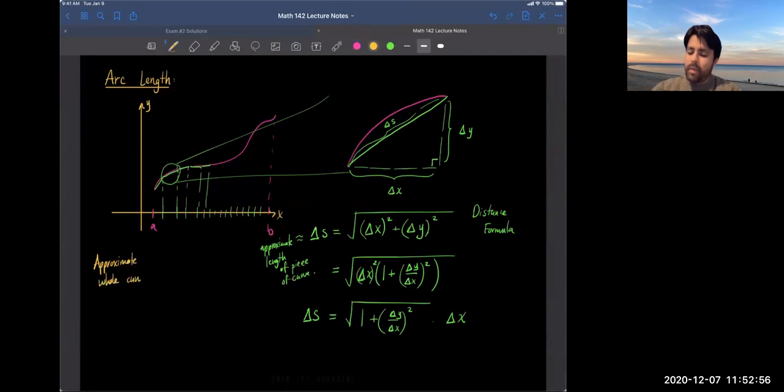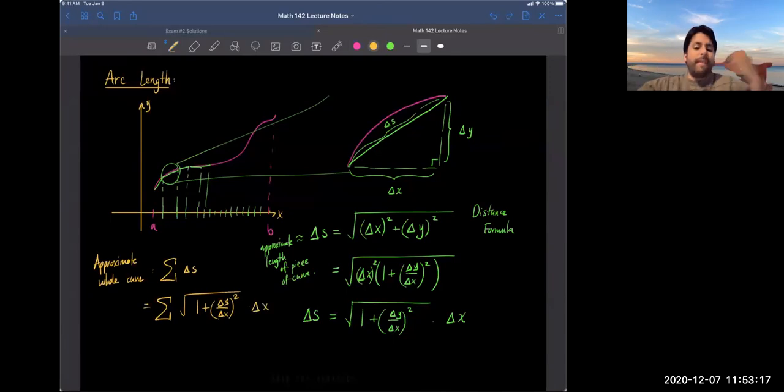I'm going to take the summation of those change in s's, which is the same thing as saying the summation of the square root of 1 plus the change in y over the change in x, squared, times the change in x.